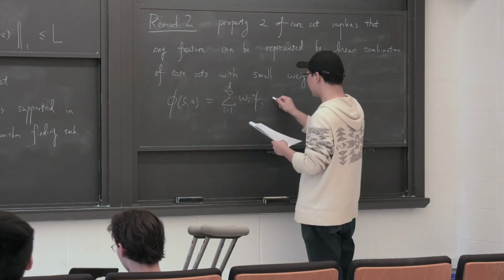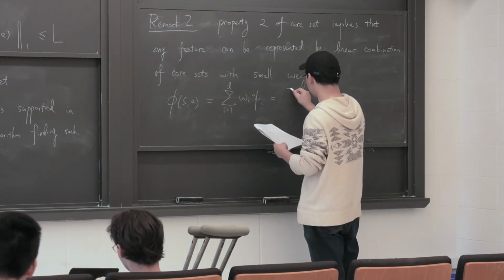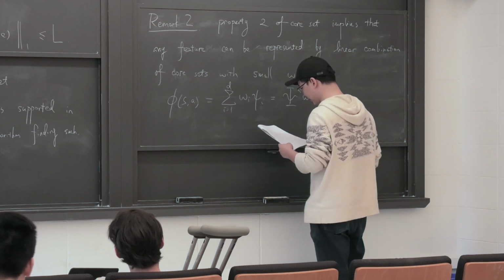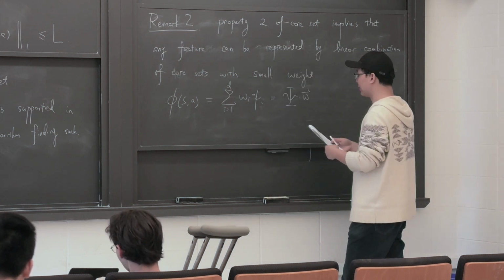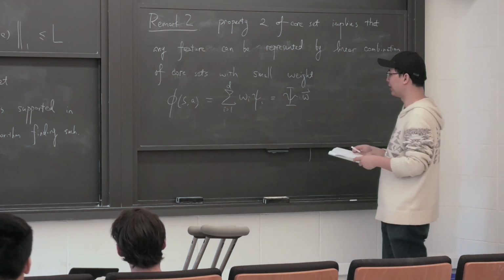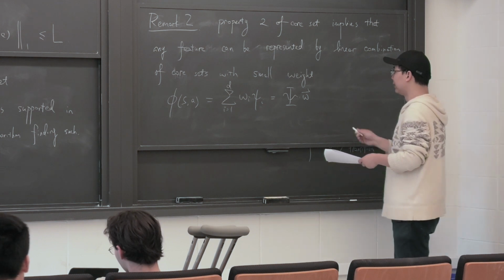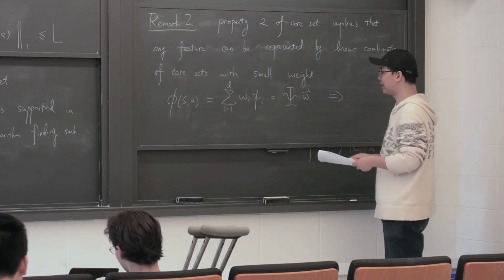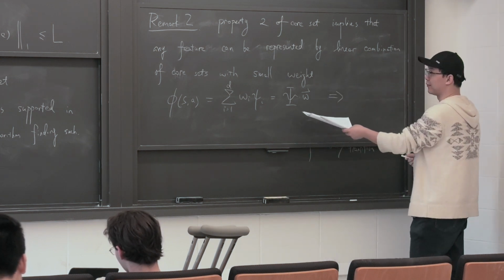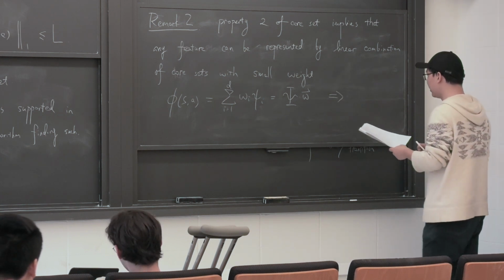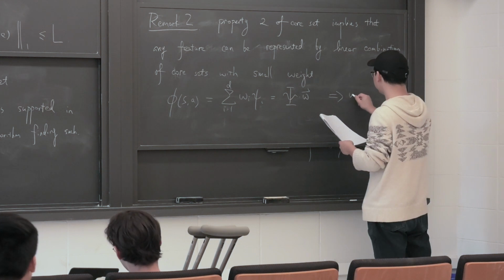In matrix expression, this is equal to the psi matrix times w, where w is the vector whose coordinates are w_1 to w_d. If the psi matrix is full rank, because psi spans the d dimensions, we can solve for w.